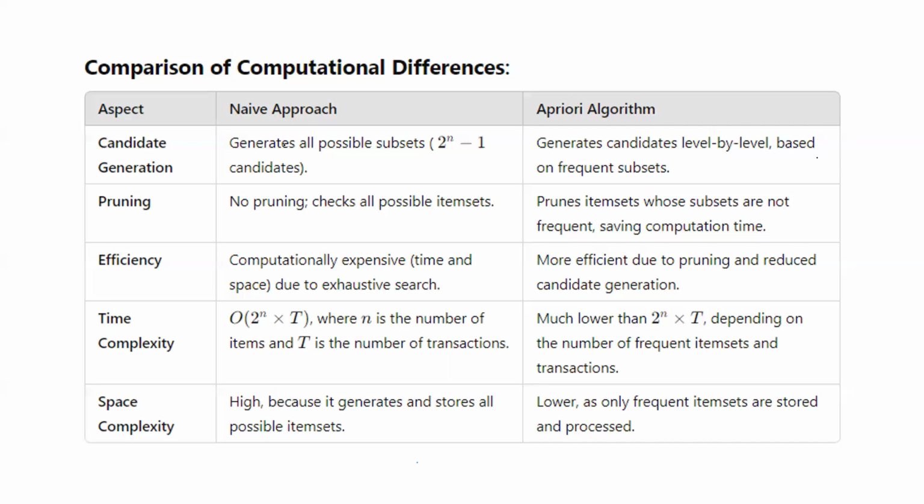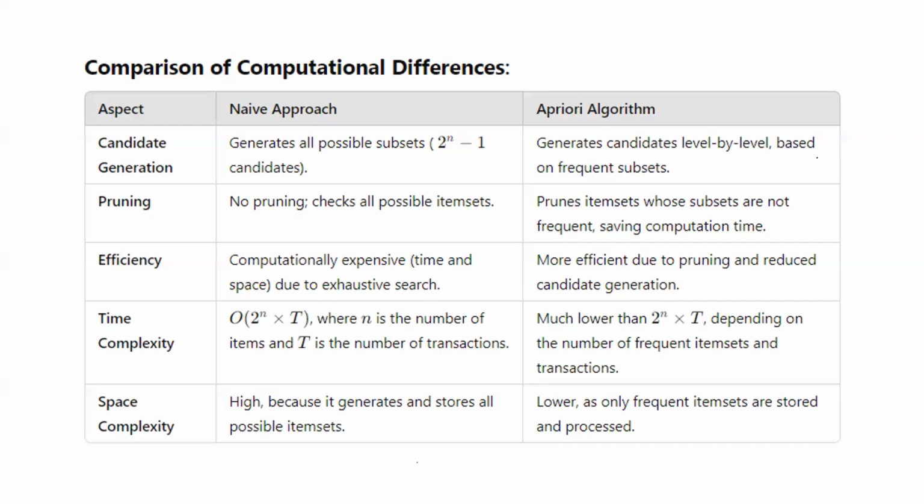There is no pruning in the naive approach. It checks all possible item sets. A priori prunes the space, saving computational time, ignoring those whose subsets are not frequent. The naive approach is computationally expensive, an exhaustive search for every item set. A priori is more efficient due to pruning and reduced candidate generation. It is better compared to the naive approach.